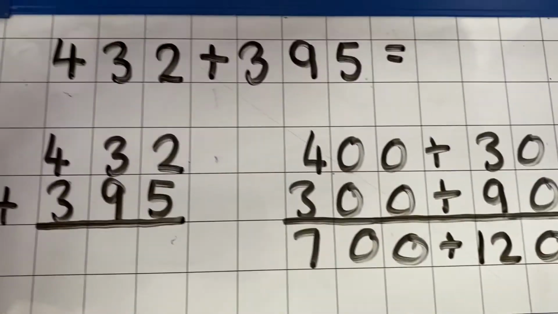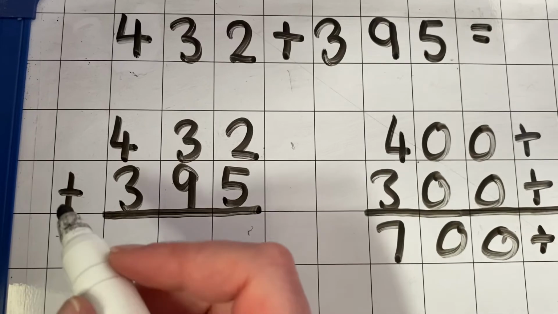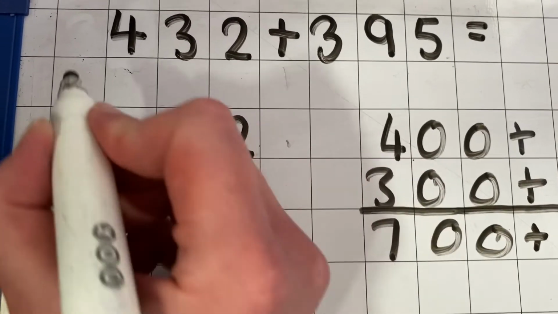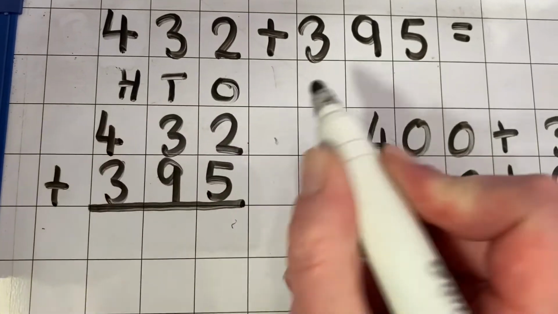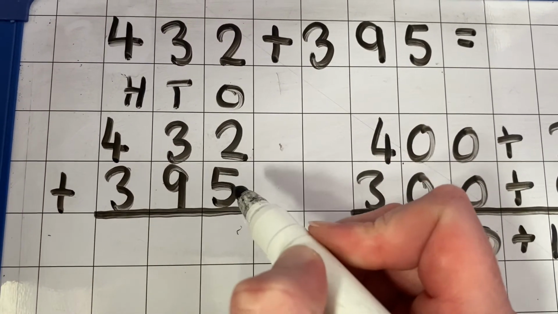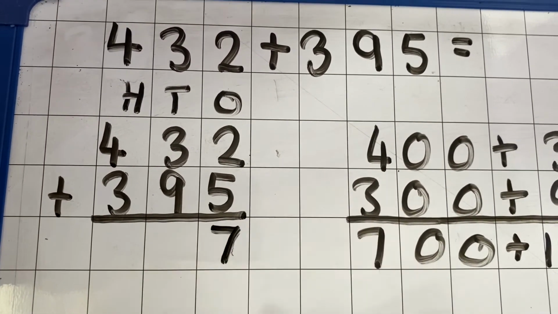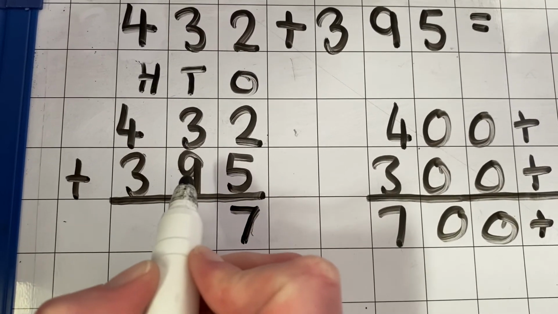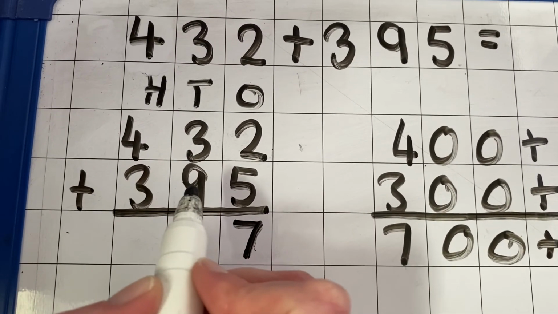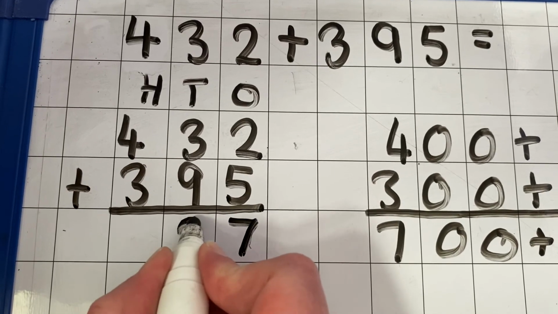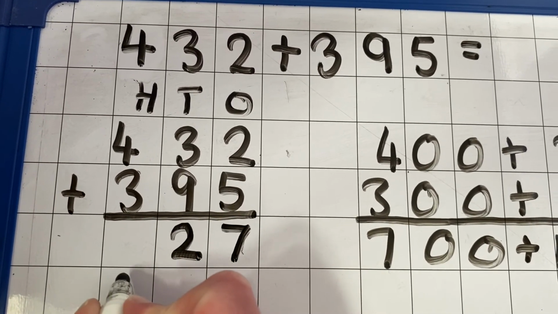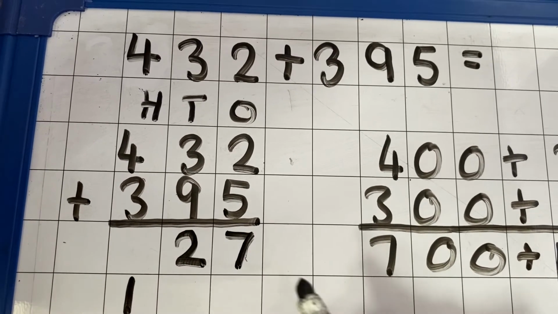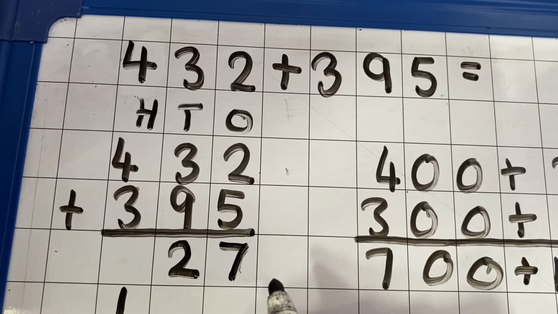Moving on from that, they would move on to the compact method. Again, starting with the ones column, 2 add 5 is 7. 30 add 90 is 120. Knowing this, I would put my 20 and I would exchange by regrouping and putting my 100 underneath.